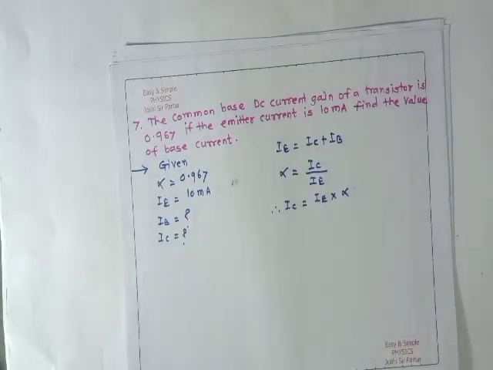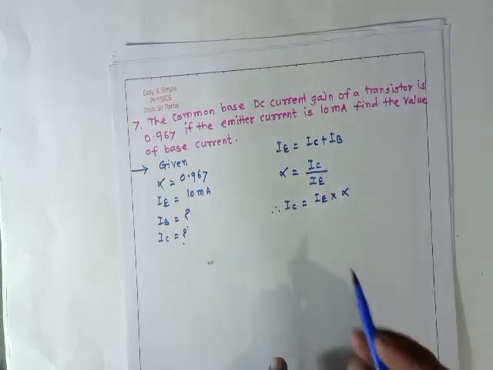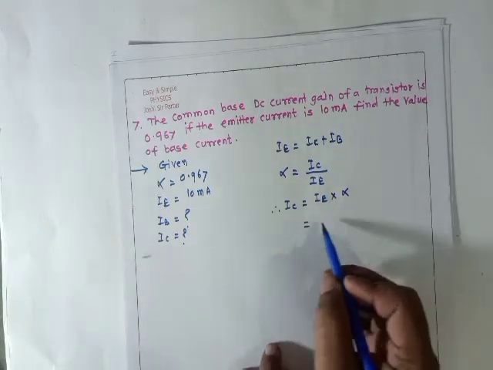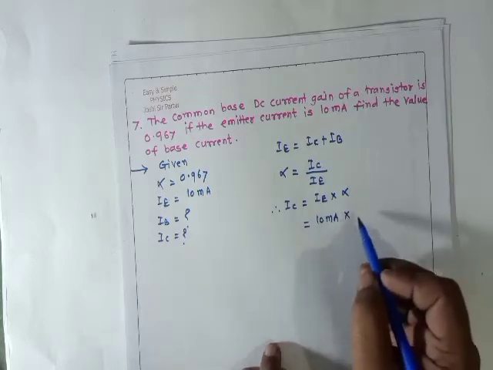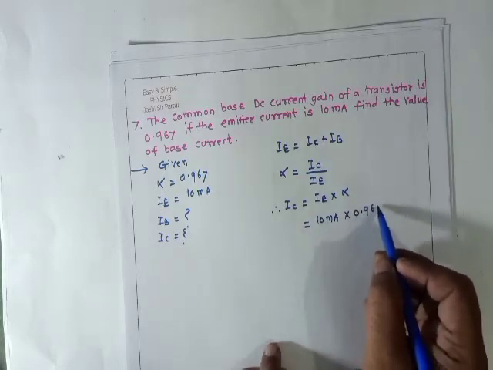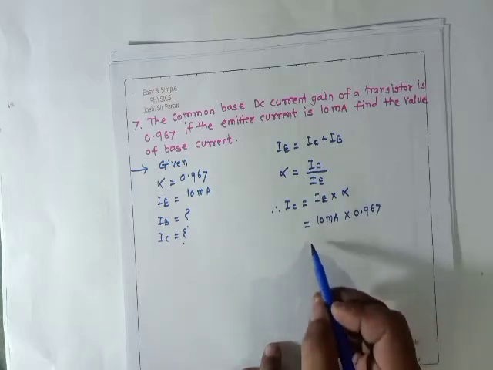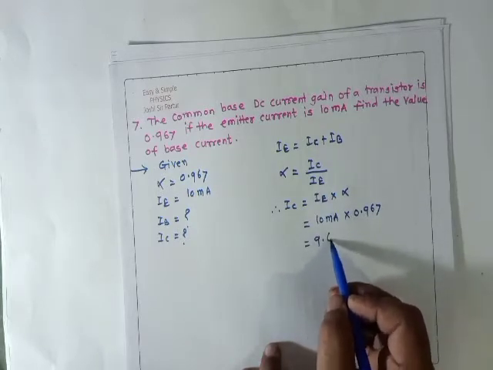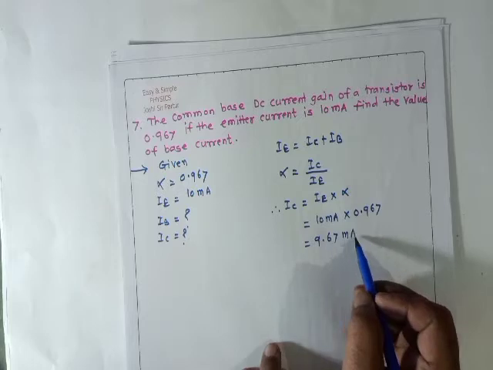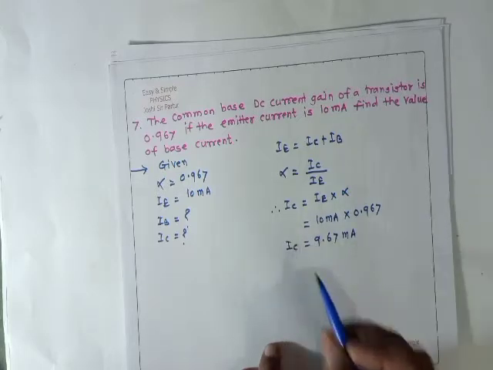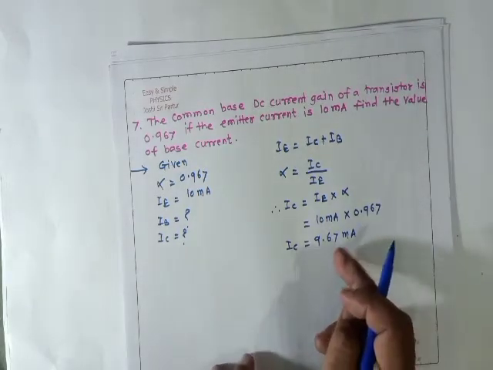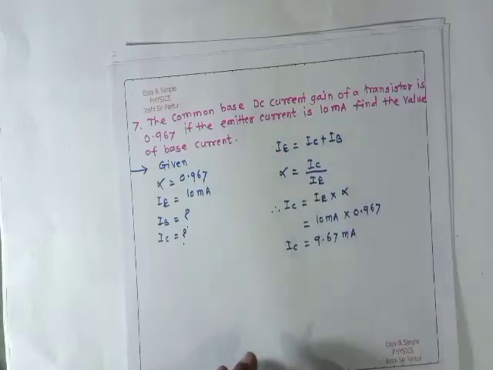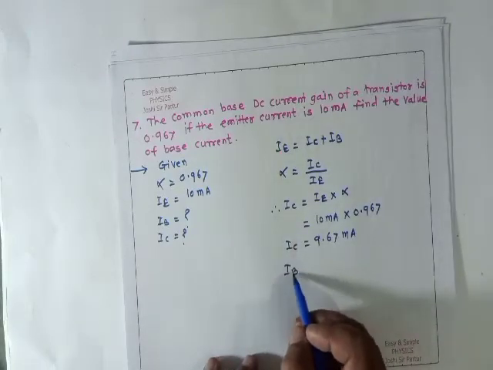If we put in the values of emitter current and current gain, it gives 9.67 milliampere as the collector current. If we substitute the collector current and emitter current, we can find the base current.